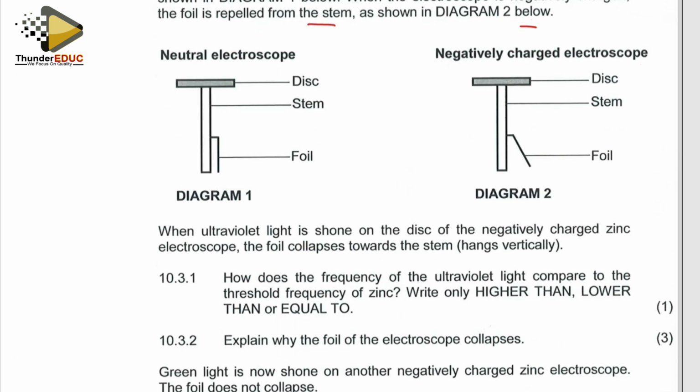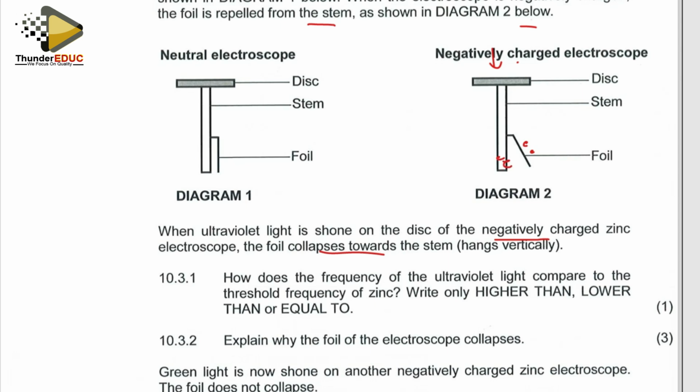Then when ultraviolet light is shone on the disk, the negatively charged electroscope collapses. Remember, this is negatively charged, so if electrons are there, we have negative and negative, that's why there is a repulsion.